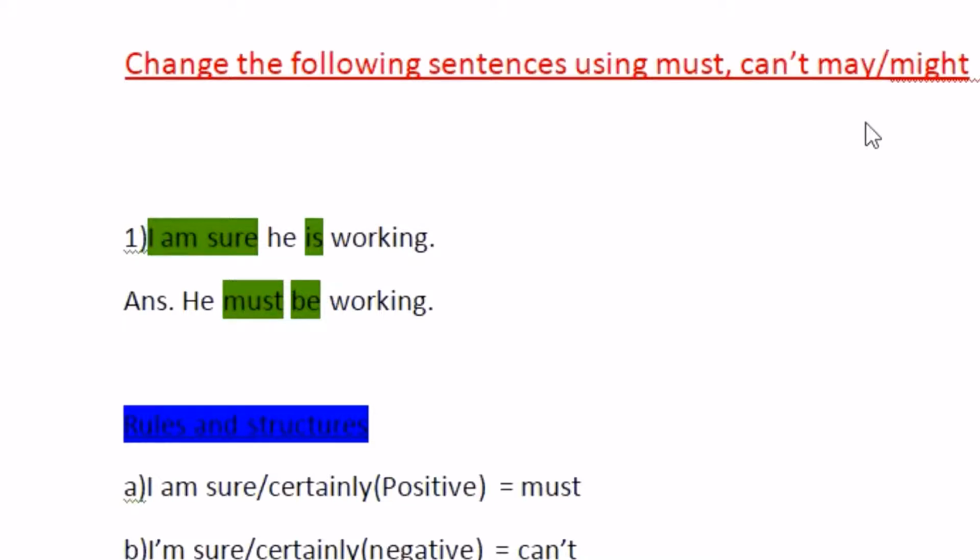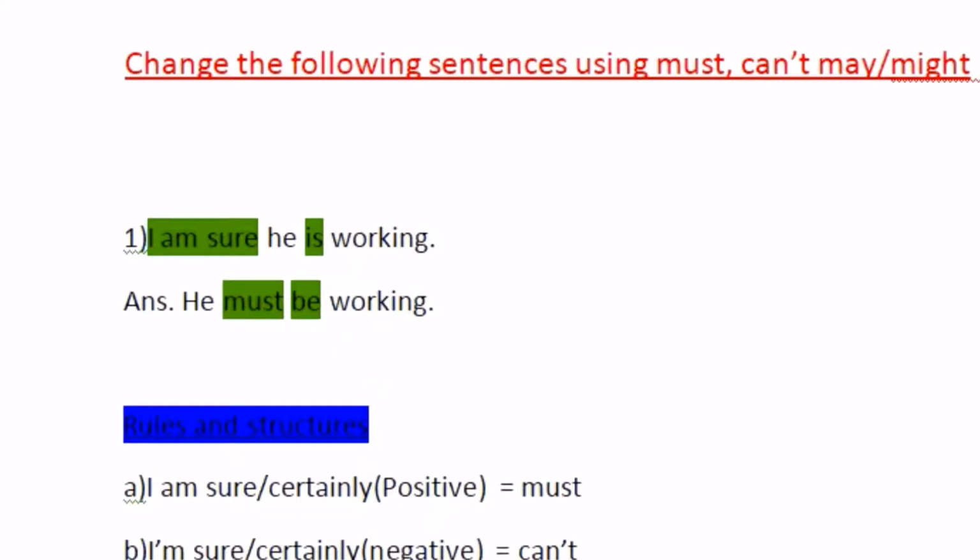So the first rule is, if you say I'm sure, certainly or certain in the sentence, and if the sentence is positive, please use must in the sentence as I have written here. I'm sure he is working. I am sure, and the sentence is positive. That sentence is not negative, and that is why I have used he must be working.